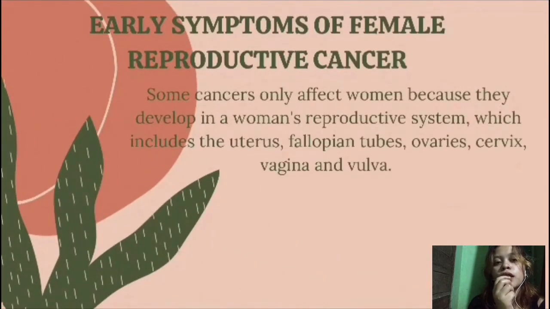Okay, so that's the early symptoms of male reproductive cancers, and now let's talk about the early symptoms of female reproductive cancer. Some cancers only affect women, because they develop in a woman's reproductive system, which includes the uterus, fallopian tubes, ovaries, cervix, vagina, and vulva.